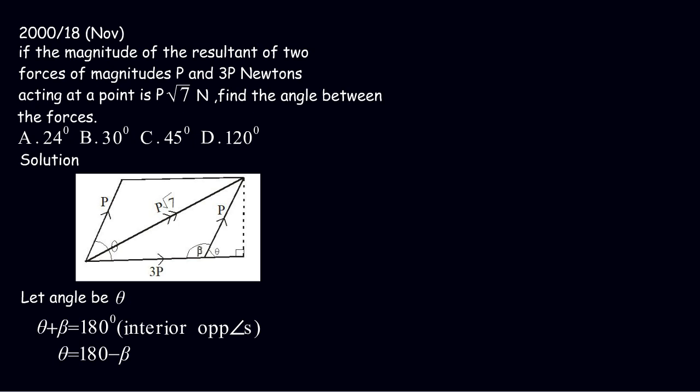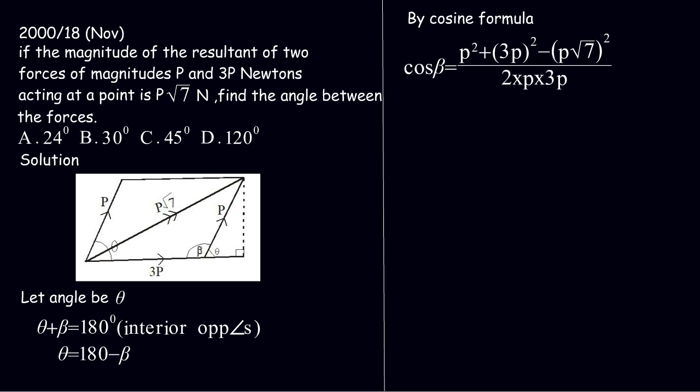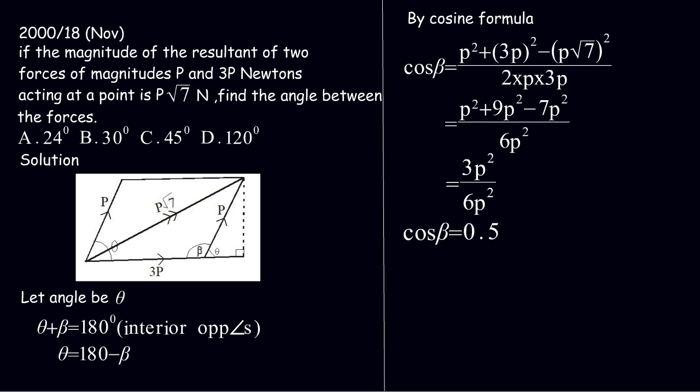Now theta will be equal to 180 minus beta, and using our cosine formula, cos beta will be equal to P squared plus (3P) squared minus (P root 7) squared divided by 2 times P times 3P, and simplifying to be equal to P squared plus 9P squared minus 7P squared divided by 6P squared, which will then be equal to 3P squared divided by 6P squared, and dividing both the numerator and denominator by P squared, cos beta will be equal to 0.5 and beta will be equal to arc cos 0.5, which is equal to 60 degrees.